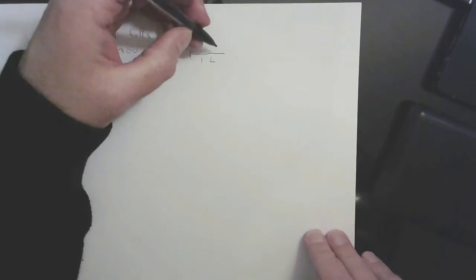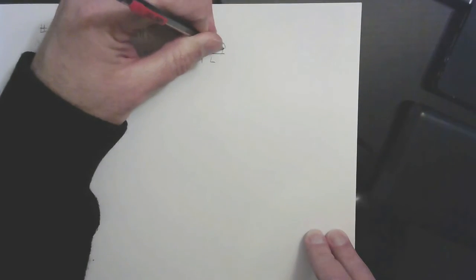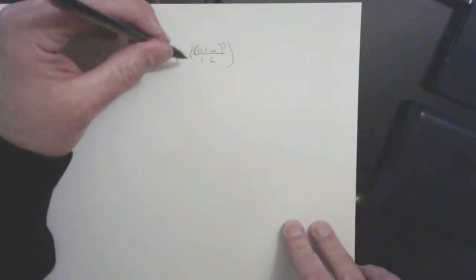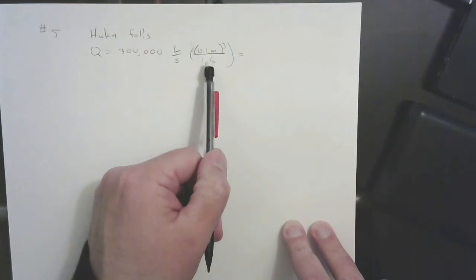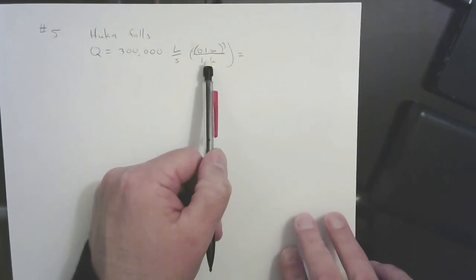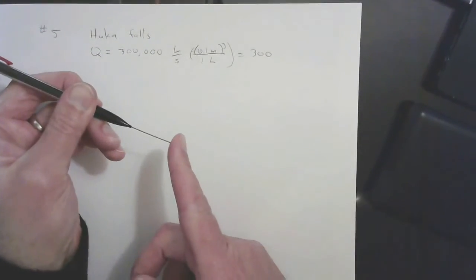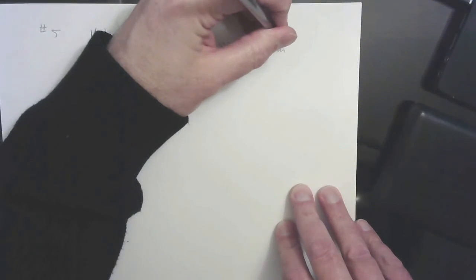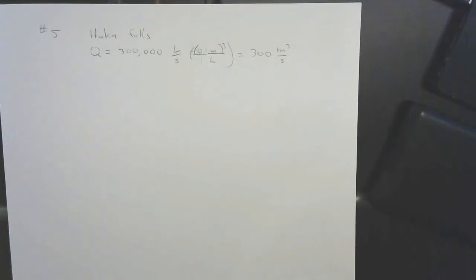That's 1/10 of a meter, and you got to cube it. So there we have our units canceling. 0.1 cubed is 1 over 1,000. So we just drop a factor of 1,000 from this, and we get 300 cubic meters per second for our rate of flow Q.